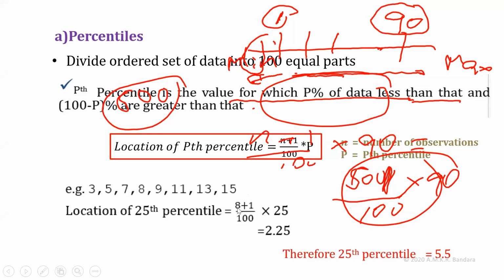So 9 divided by 100 multiplied by 25 is 2.25.